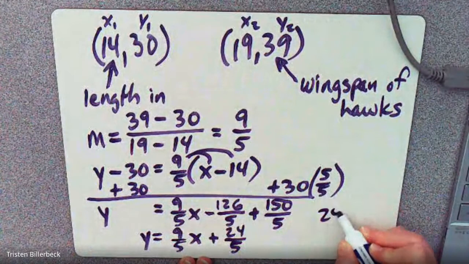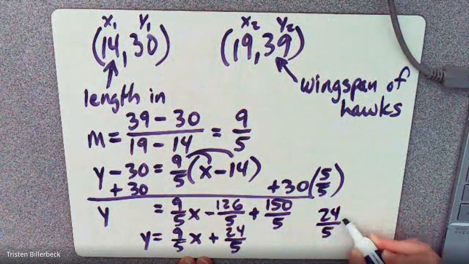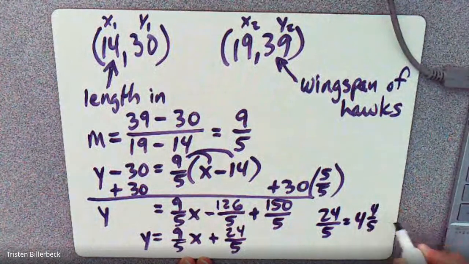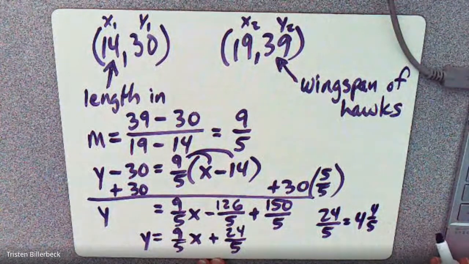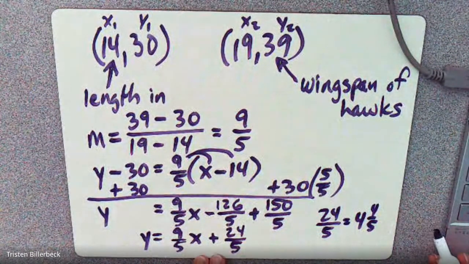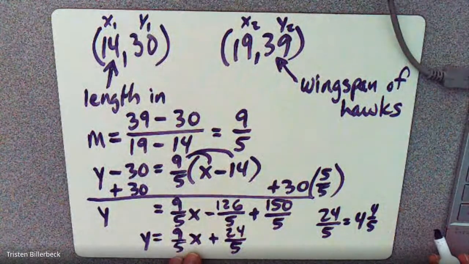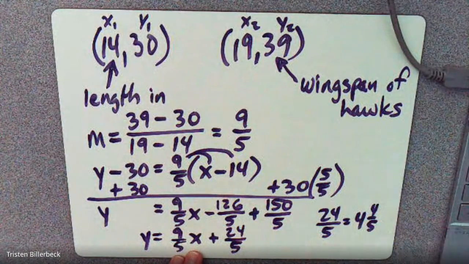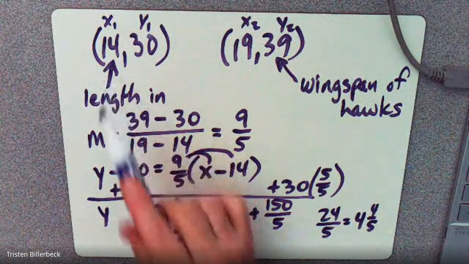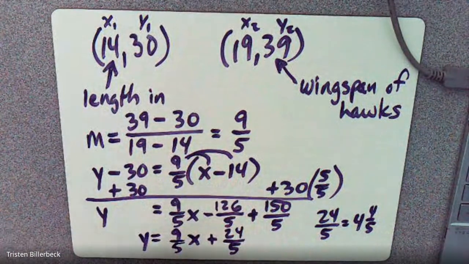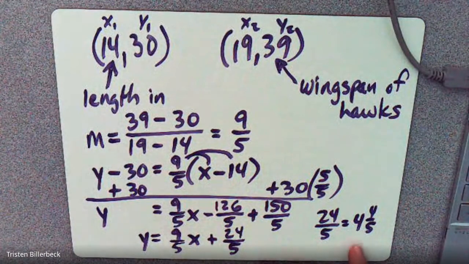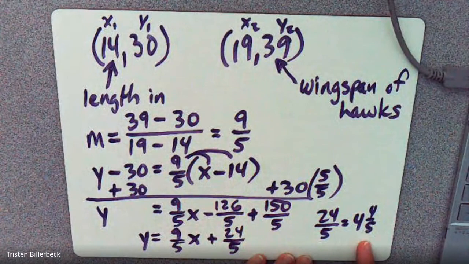So 24/5 ends up 4 and 4/5. And this is a y-intercept. So that means when our length is 0, so when the length of the wing of the hawk is 0, the wingspan is 4 4/5. Does that make sense?